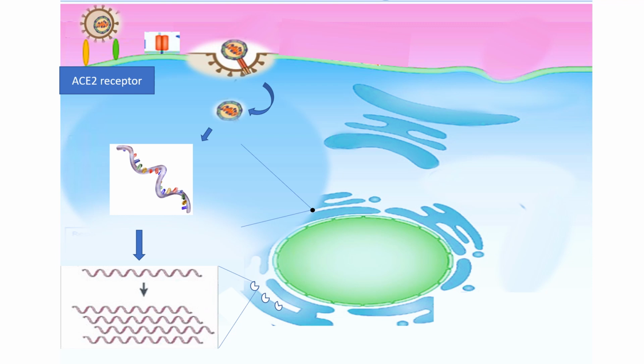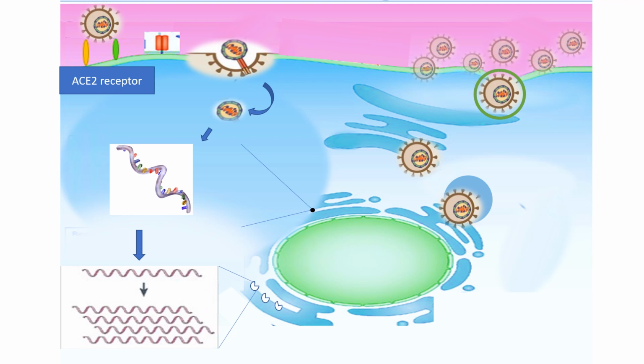These RNA undergo translation to produce the proteins, and then these proteins assemble to generate a complete virion. These virions are budded out with the help of the plasma membrane, and then there is the release of the progeny of the viruses. This is the common replication which occurs for this coronavirus.